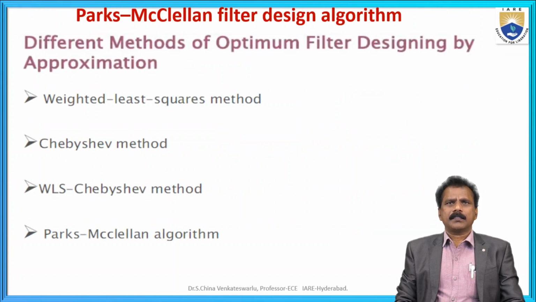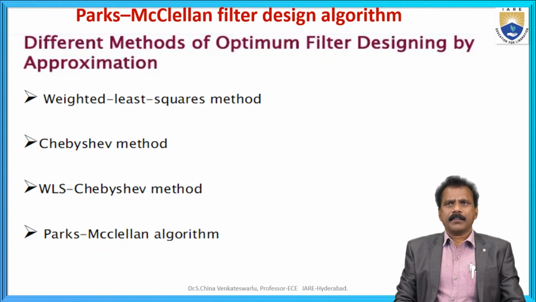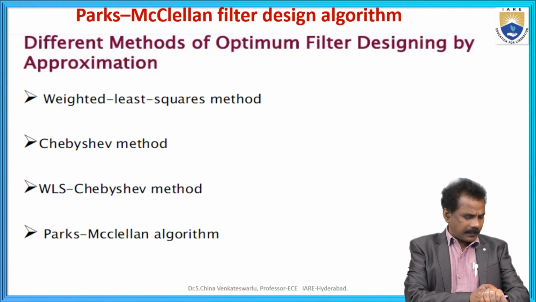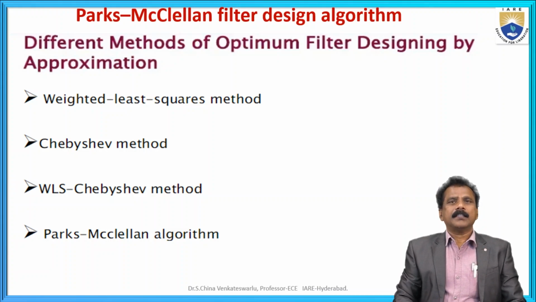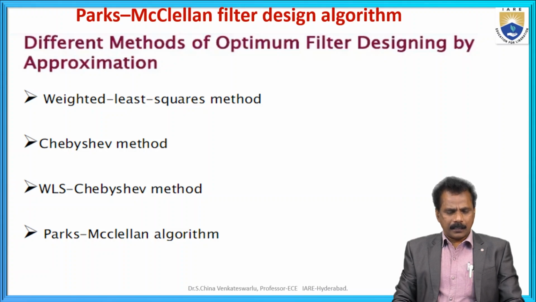Here we have different methods of optimum filter designing by approximation, which we have to recollect. Methods of optimum filter designing by approximation: the weighted least squares method, which is initially a popular method. Second is the Chebyshev method, or the Adolph-Chebyshev method, and one more, the WLS Chebyshev method.